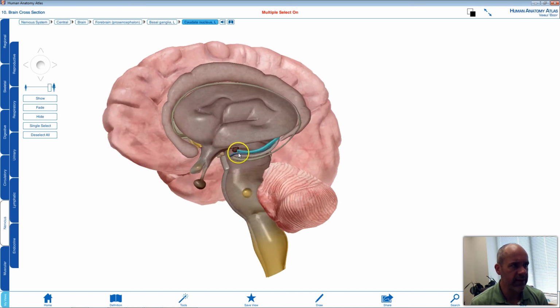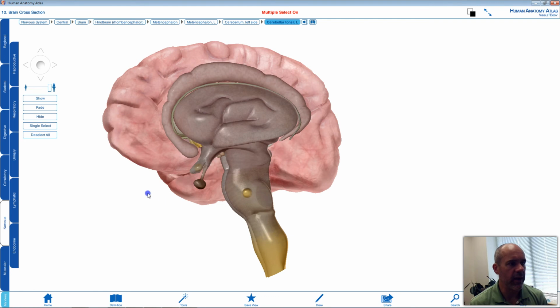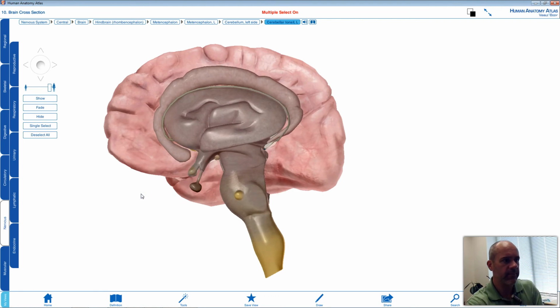And then I'm also going to dissect off some of these other structures. I'm going to leave that one on there though. Goodbye, goodbye, goodbye. All right, and I'm also going to strip off the cerebellum for now. That's going to leave us with our brainstem.